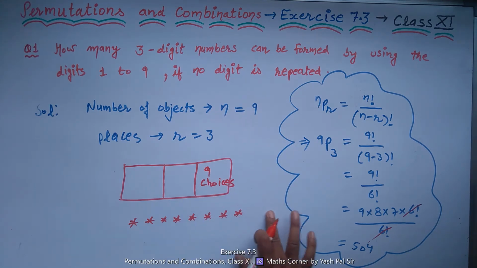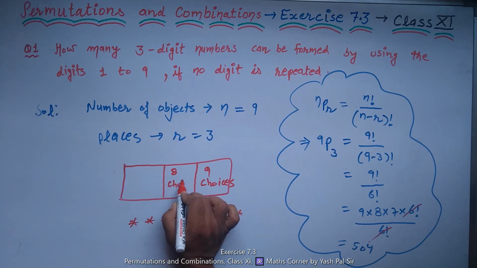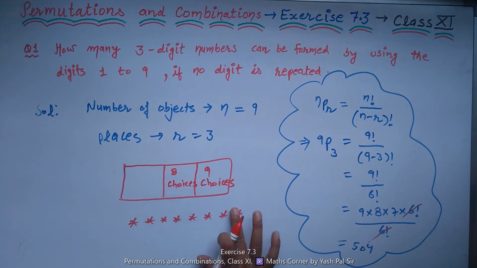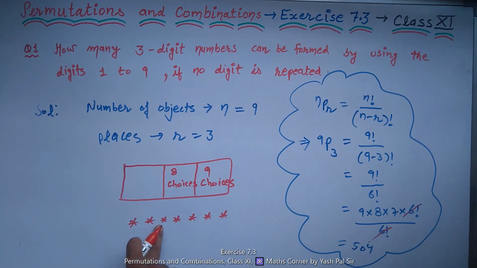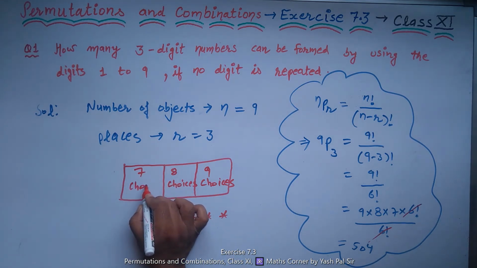So one object is taken out. Now we are left with 8 objects, 1 2 3 4 5 6 7 8. Now to fill the second box we have 8 choices. Okay, one more object is used. Now we are left with 1 2 3 4 5 6 7 objects. So we have 7 choices to fill the third box.